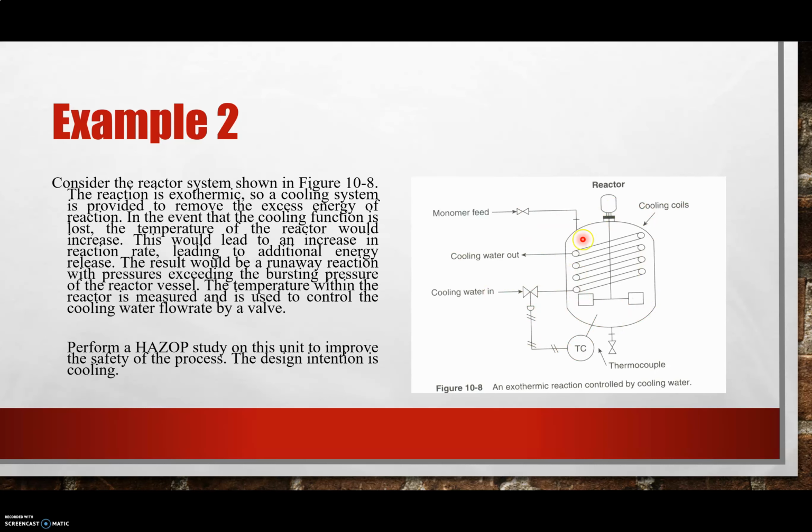Maybe another task could be the same reactor, but with the design intention focused on the process inside this reactor. You will need a different hazard study for that one. So we focus on design intention is cooling, so we just target cooling reaction control.